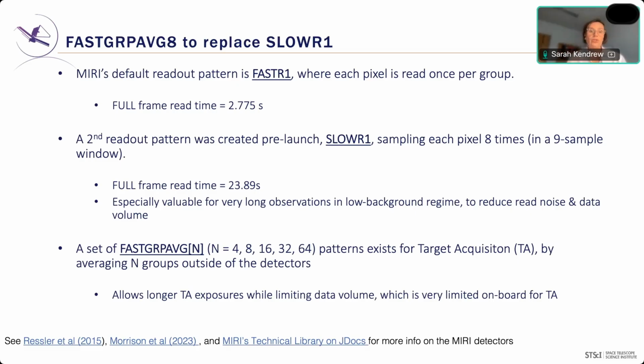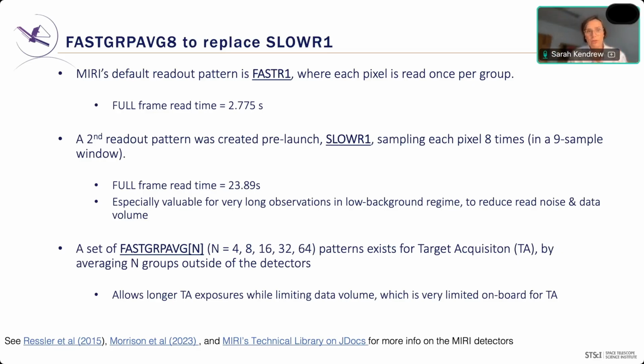Target acquisition is performed fully on board, and the amount of data that can be stored on board during the target acquisition algorithm is very limited. So this was a way of allowing TA on fainter sources without increasing the data volume. The fast group average modes don't read the pixels N times.